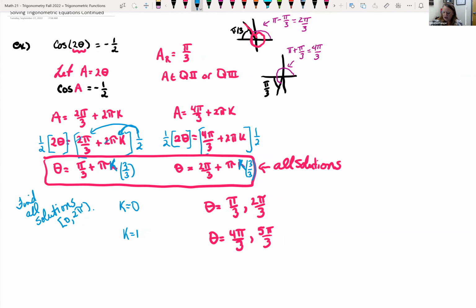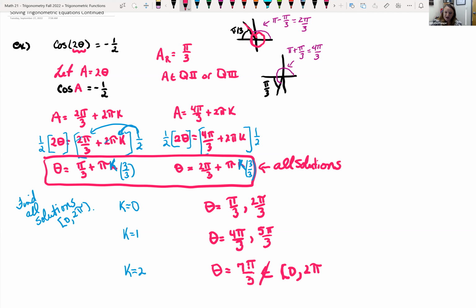And if we plug in k equals 2, I can see that that's going to be too big, but let's just show it. So 2 times 3 is 6. So we have 6 pi thirds plus 1 pi thirds is 7 pi thirds. And this is not contained in that interval from 0 to 2 pi.